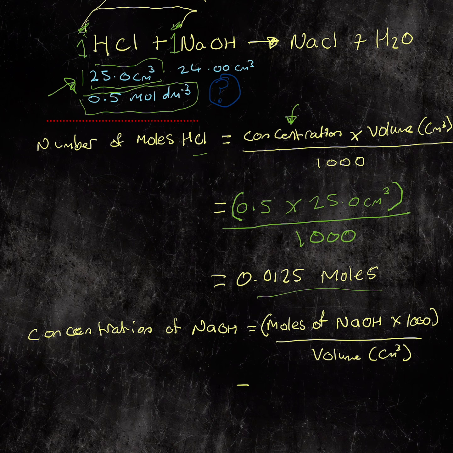And that equals, so the moles of NaOH is going to be the same as the moles of what we found out here, which we know is going to be 0.0125, and that's going to be multiplied by 1000 as per the calculation here, and that's all going to be over the volume in cm cubed, cubic centimetres of NaOH, because we're dealing with NaOH there.